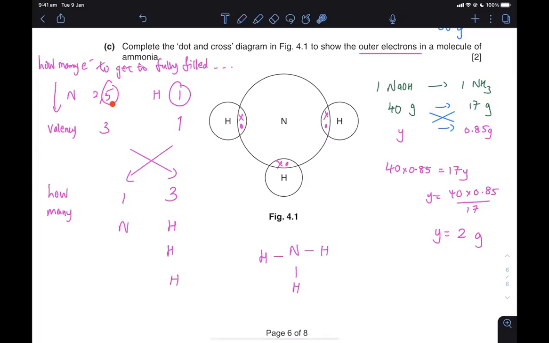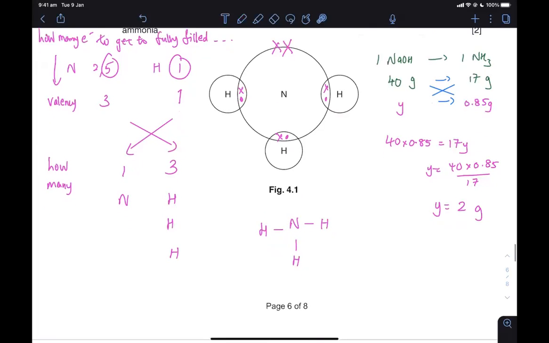Nitrogen has 5 electrons in the outer shell. I've only used 3 for covalent bonding. I still have 2 more. If you count across, originally there are 5. Now I share 3 more dots, and this diagram is complete only because I've shown the remaining ones in the outer shell. It's 2 marks because this is the one that a lot of students always forget to count. Counting is part of primary school mathematics.